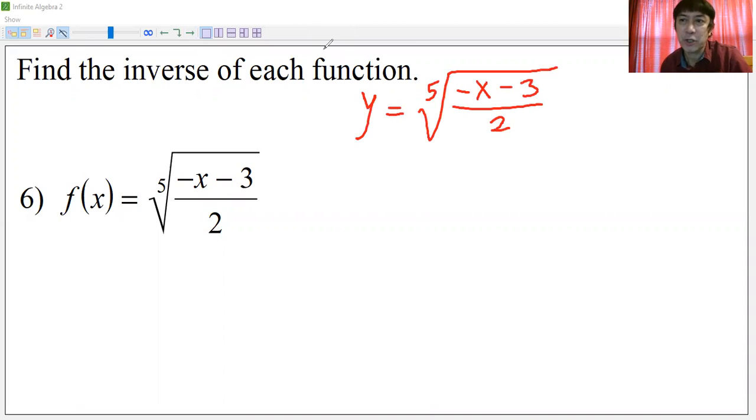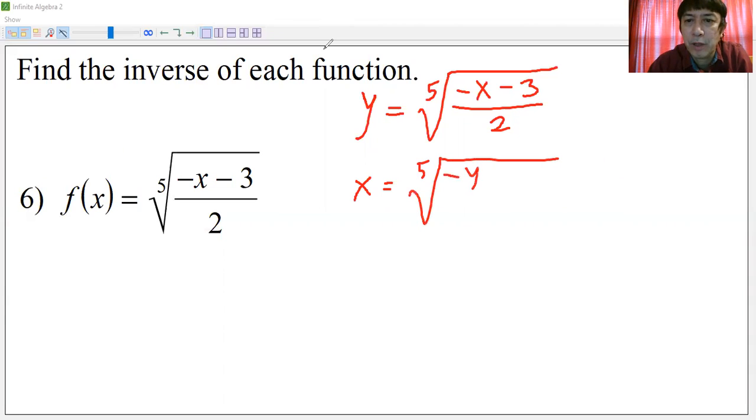Now first step, exchange the letters, swap. This becomes x. This is fifth root of negative y minus 3 over 2. So we have to get rid of that fifth root by raising both sides to the 5. So this will be x to the 5 there.